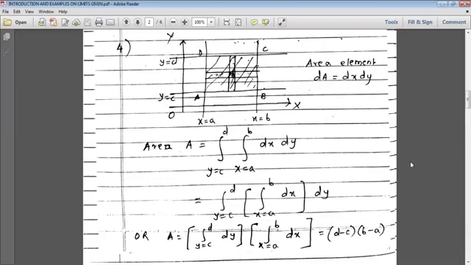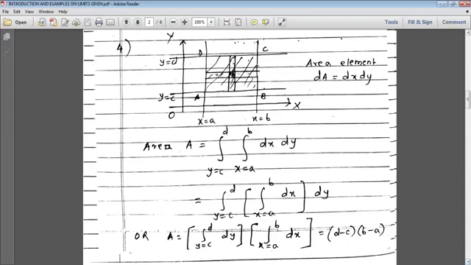So this area element represents the total area. So the total area A will be equal to the double integral, c to d, those are the limits for y, and x is equal to a to b, dx dy.